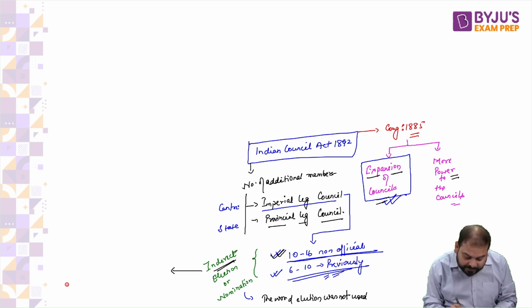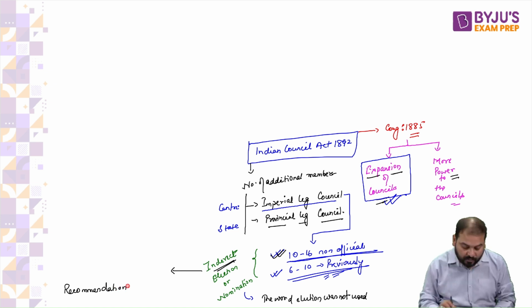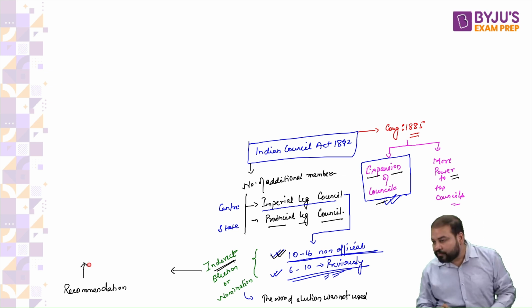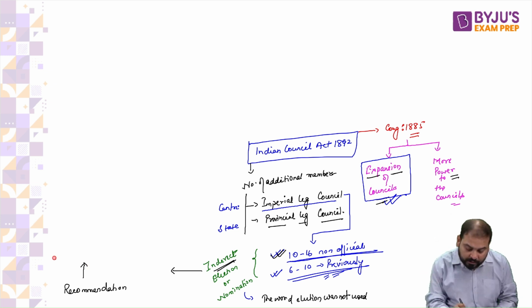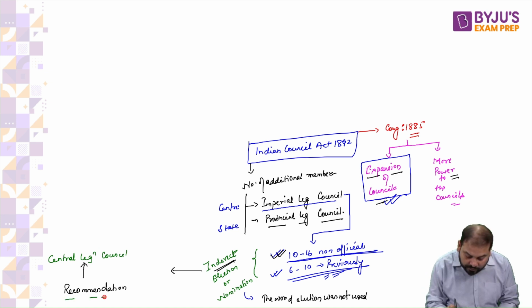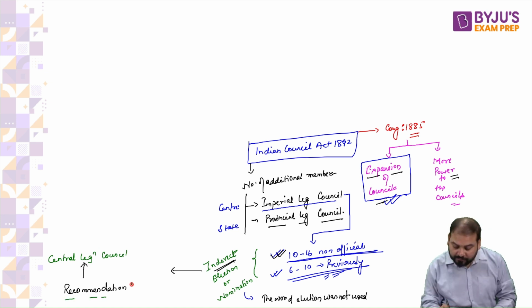This indirect election was, let's say, certain bodies make a recommendation. So, for example, all of you, if you want to be nominated for Central Legislative Council, some bodies have to recommend you. Which is that body?